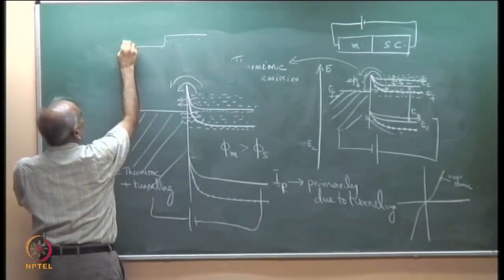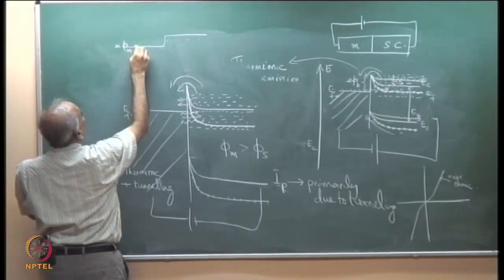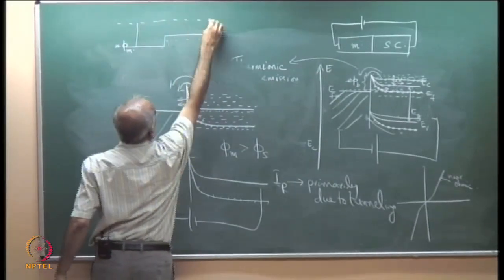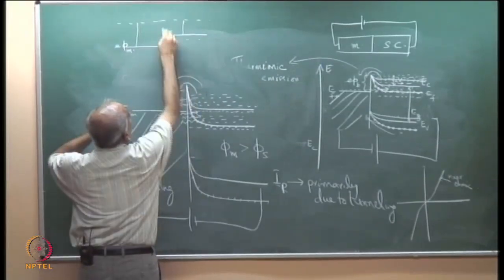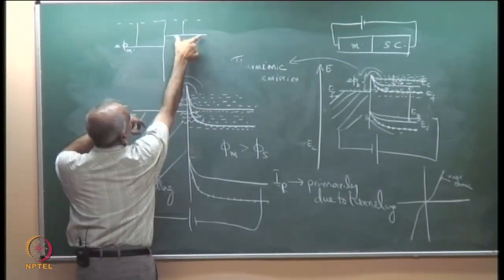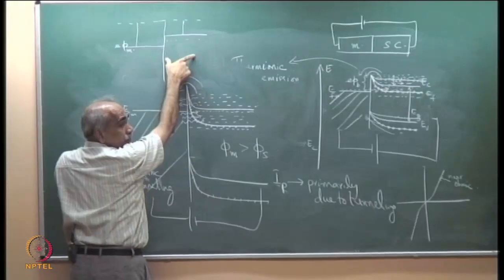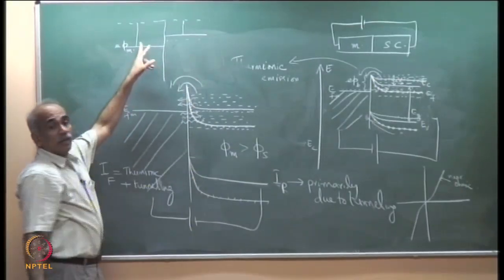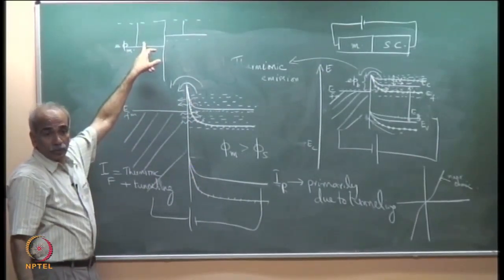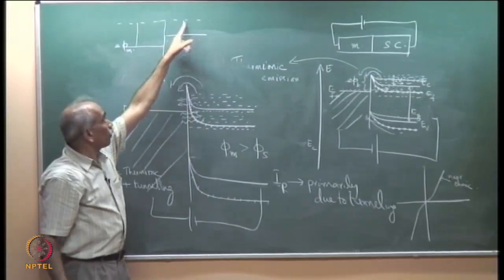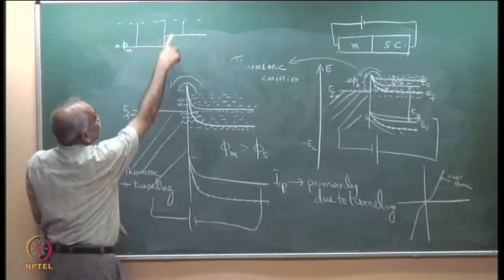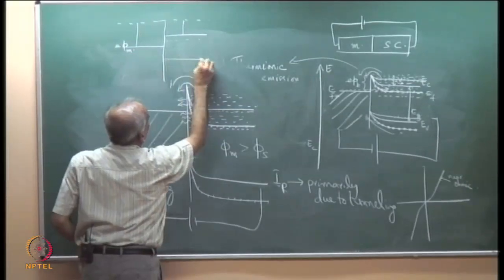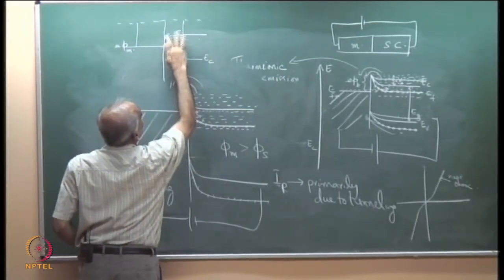Suppose this was phi m to the vacuum level, and this is phi c. Suppose this level was below. This is a case where you have aluminum, which is 4.4, and indium arsenide, for which chi is 4.9. So, this will come down here. This is EC for indium arsenide.